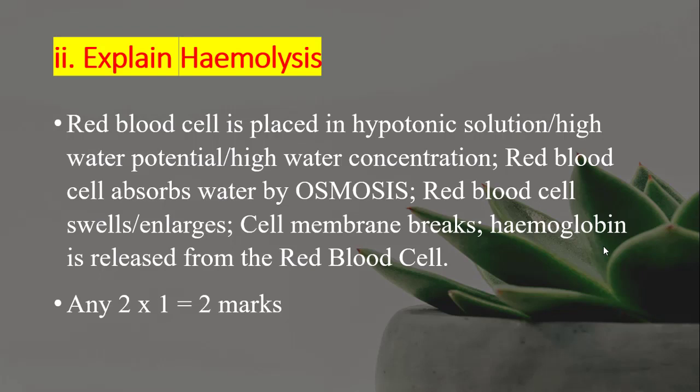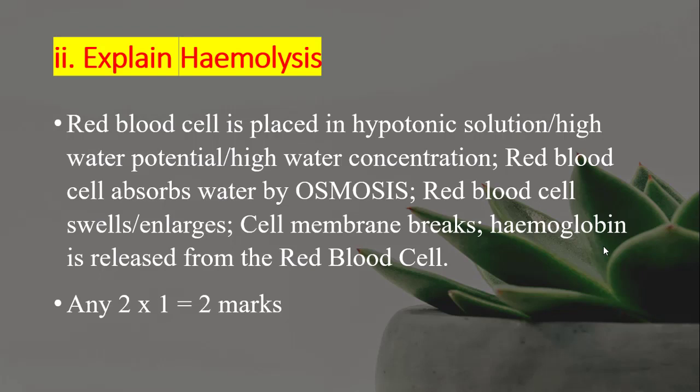Then eventually the whole transparent environment changes and becomes red. That's because the red blood cells are bursting and hemoglobin is being released outside the cell. So the transparency of the water is lost and it becomes red and opaque. Any two of these gives you 2 marks.